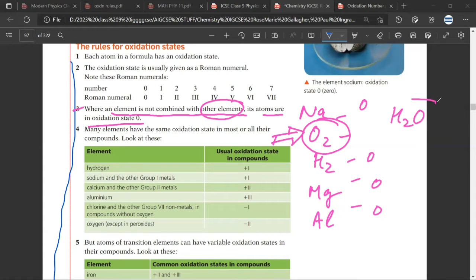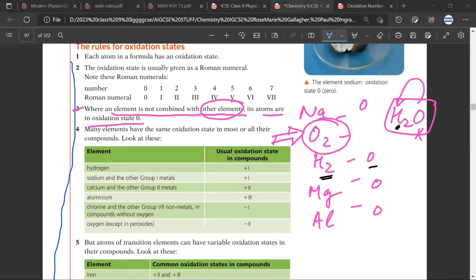But for example, in H2O, oxygen is combined with some other element, so here the oxidation state won't be 0. Have you understood what I've said? Yes, sir. Similarly, if you look at hydrogen, here the hydrogen oxidation number would be 0. But in H2O, it won't be 0. Is it making sense? Yes, sir.